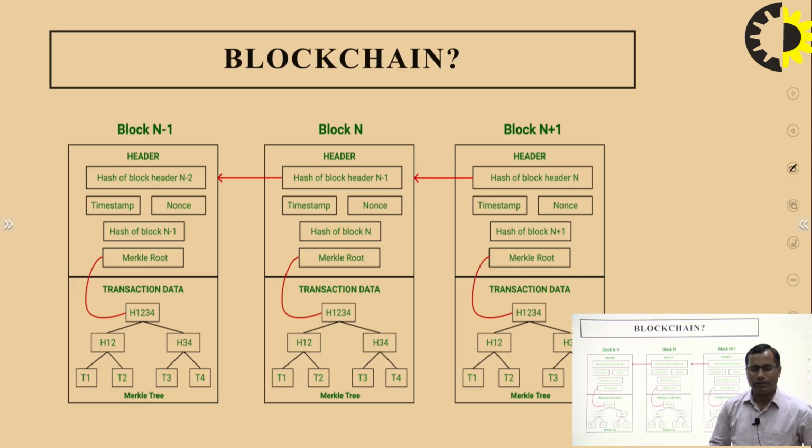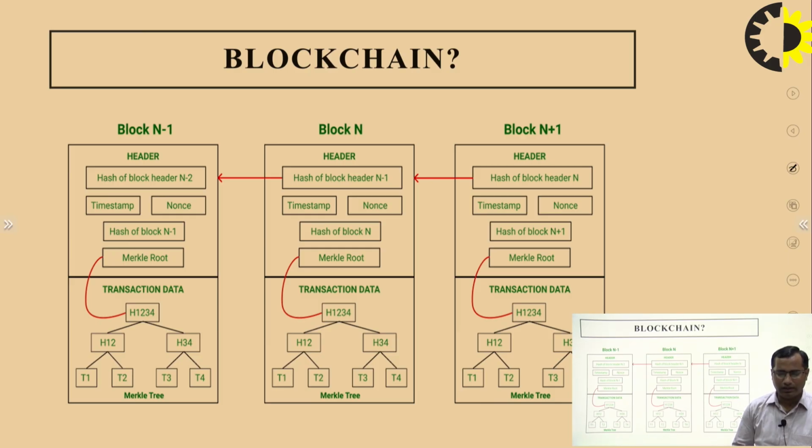But what exactly is the blockchain? The blockchain is just a decentralized distributed ledger that is available across the network, available to all the peers across the networks. So the core part of this blockchain is the decentralized distributed ledger.